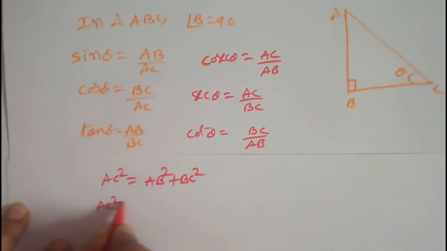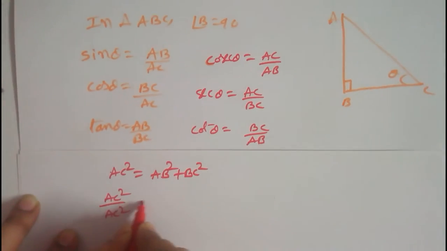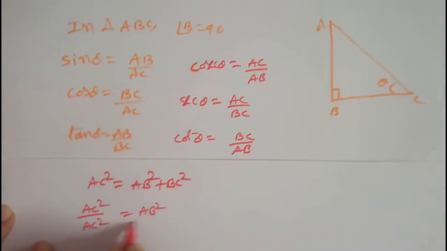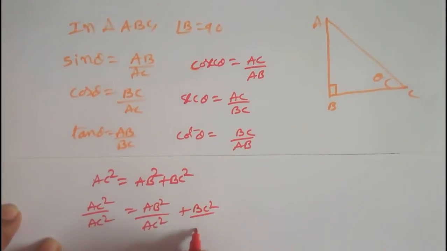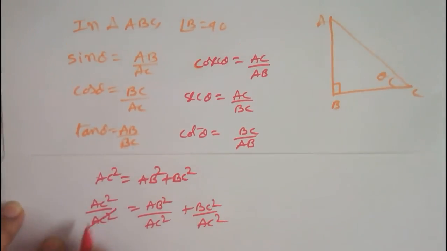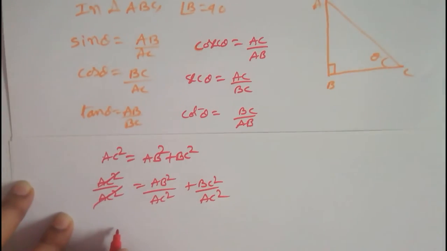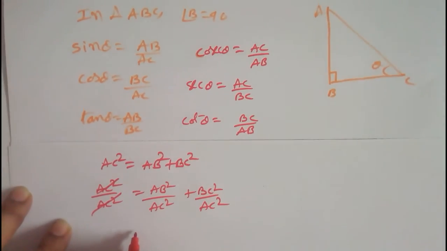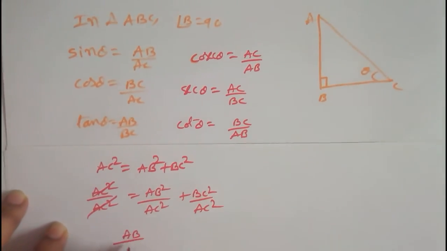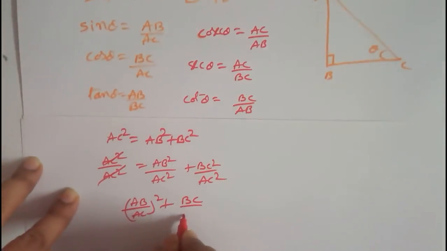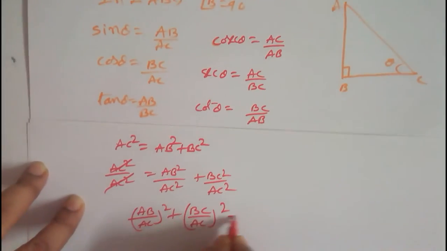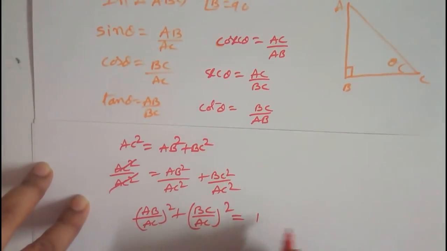So AC square by AC square is equal to AB square by AC square plus BC square by AC square. AB square by AC square can be written as (AB by AC) whole square plus (BC by AC) whole square. Here AC square by AC square cancelled, that is equal to 1.